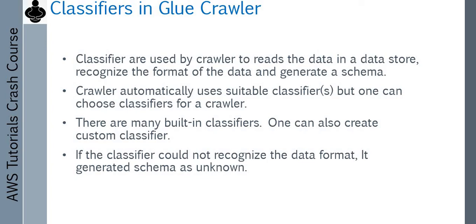So keep in mind that the approach should be that when you're trying to catalog your data, try not to specify any classifier, and let Glue Crawler automatically use a built-in classifier to classify your data. But if that classifier is not able to identify your data or is generating the wrong schema, then you do have a choice to create your own custom classifier and use it in your Glue Crawler. Tell your Glue Crawler to use this custom classifier to catalog your data and generate the schema.